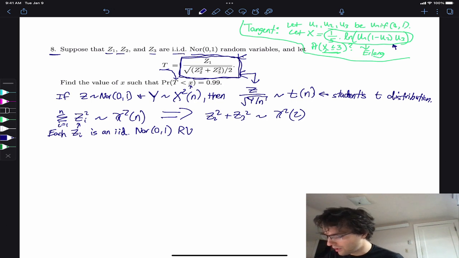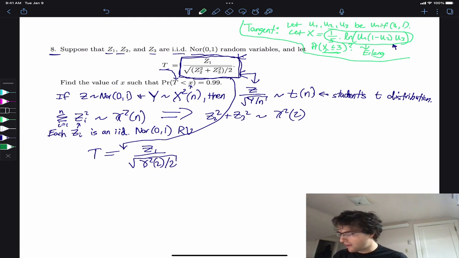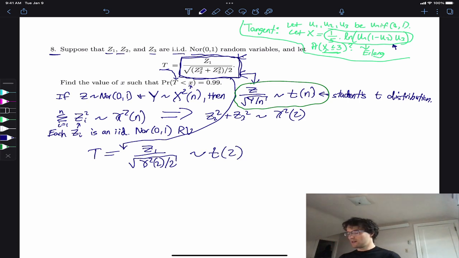So therefore T, we can rewrite as Z1 divided by the square root of chi-squared of 2, with the 2 divided by 2 still in there. Now we satisfy this form, and this is the same thing as saying T of 2, a student's t distribution with 2 degrees of freedom.